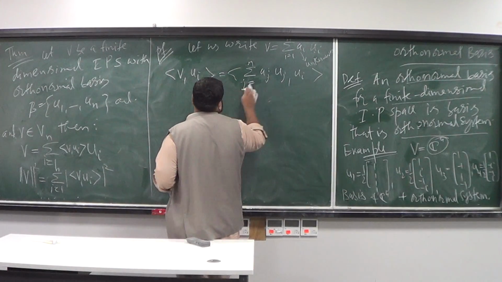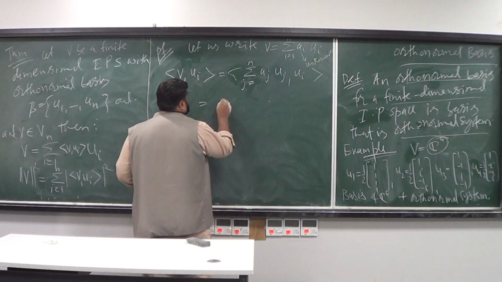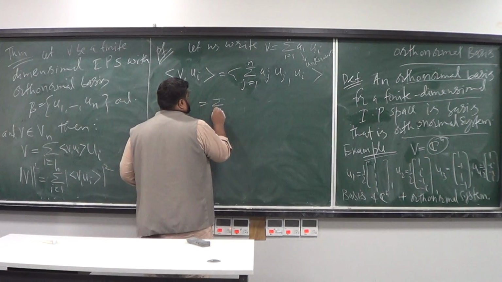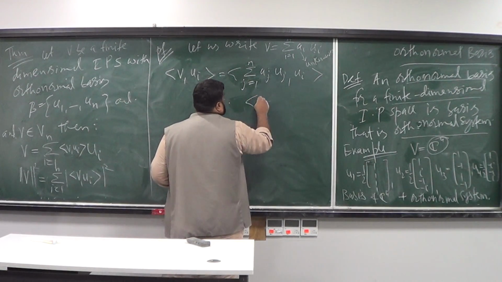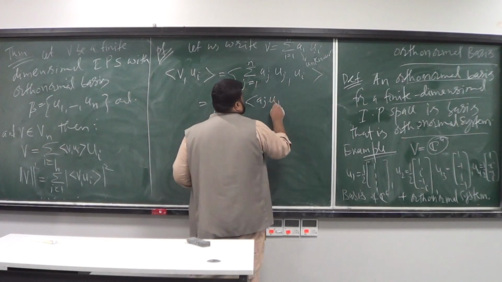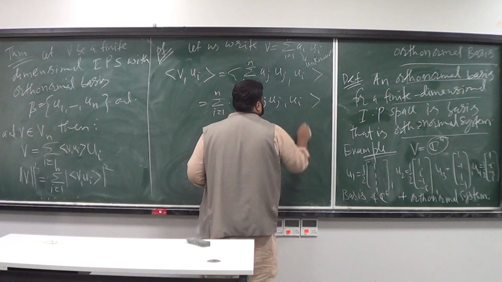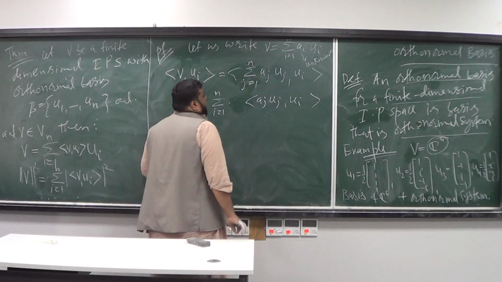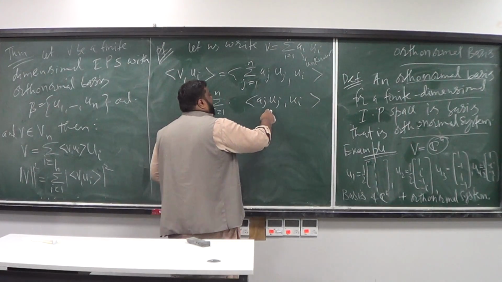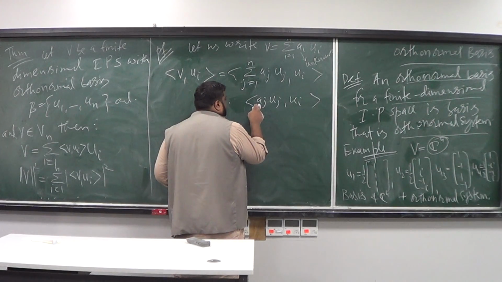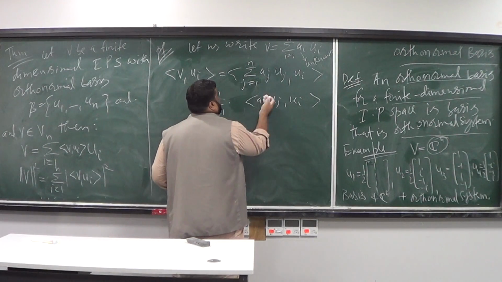I know that I can pull this sum out of the inner product, so this would be the sum from j equals 1 to n of a_j u_j inner product u_i. And I can pull this scalar a_j out of the inner product.